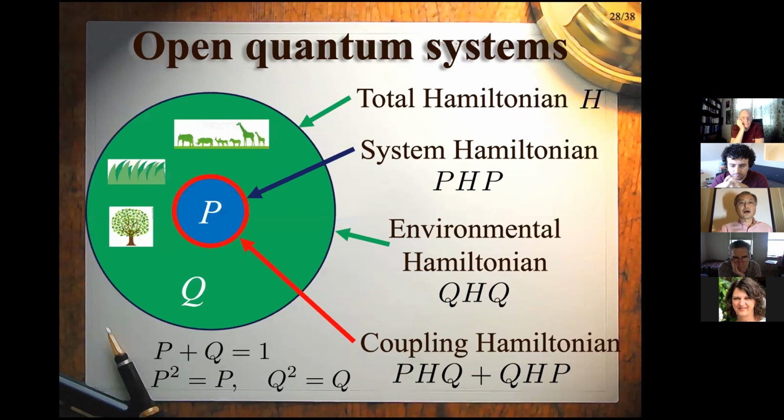So I'm coming back to this situation now. Here's the total Hamiltonian. H is Hermitian in this case, and here the system Hamiltonian is PHP, the environmental Hamiltonian is QHQ, and PHQ and QHP are the coupling Hamiltonian.